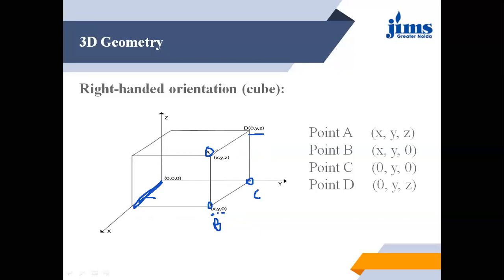When we want to find out the value of A, this point is x distance away on the x-axis, y distance away on the y-axis, and z distance away from the z-axis or yz plane. So by using this way we can find out the values.